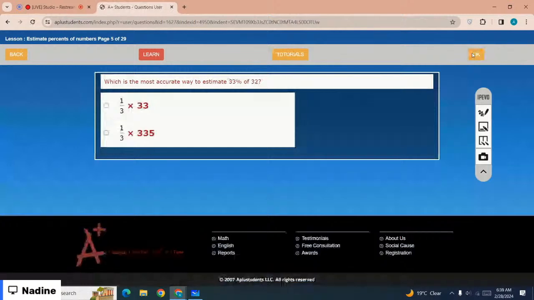Which is the most accurate way to estimate 33% of 32? So which is the correct option?